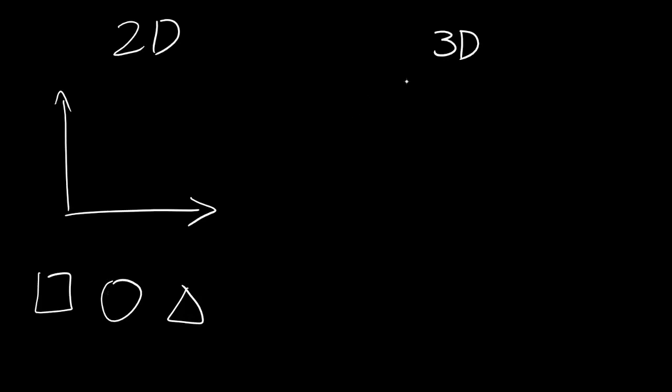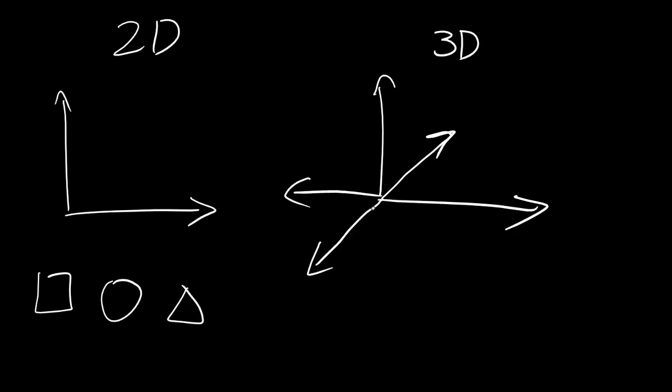As for 3D, in addition to the x and y, there's also a z-axis. So you can sort of imagine it going like this as well. So it's three-dimensional. Our world is three-dimensional. Now let's actually look at a couple examples of three-dimensional shapes.